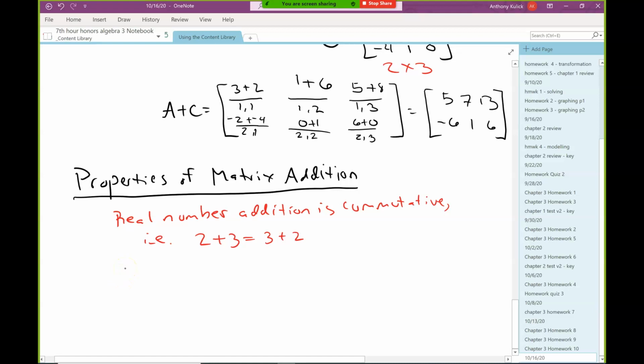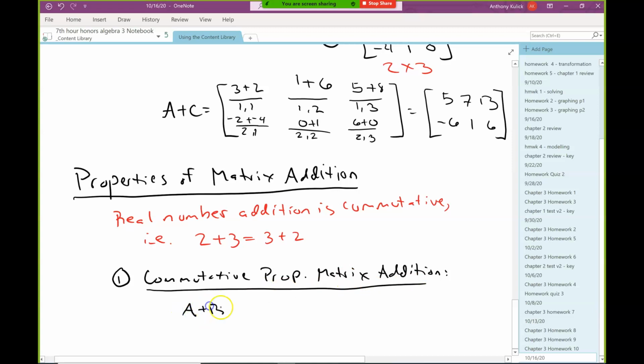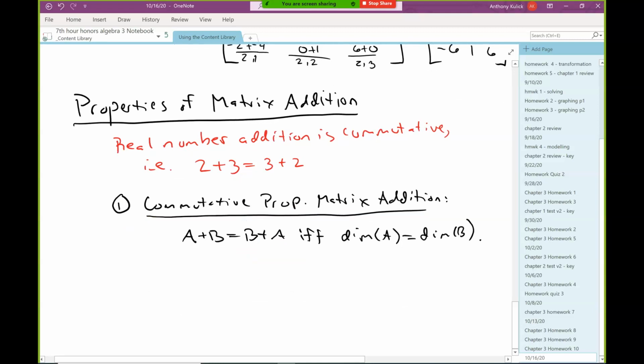So we'll call this the commutative property of matrix addition: A plus B is equal to B plus A if and only if the dimension of A is equal to the dimension of B. Everybody okay with that idea?